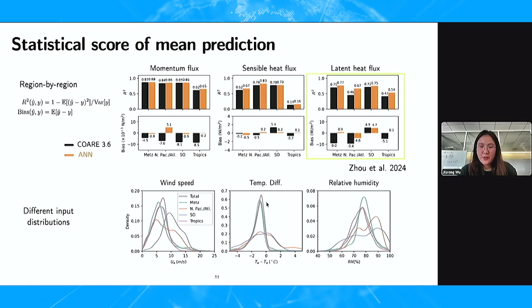And this is because there are generally different input distributions from these regions in terms of wind speed, air-sea temperature difference, relative humidity, etc. So there is actually a distribution shift across regions, and this is generally a challenge for data-driven models. But as we see, although the scores fluctuate, the ANN is able to outperform CORE over all regions.